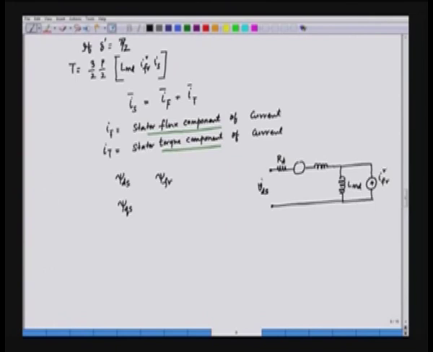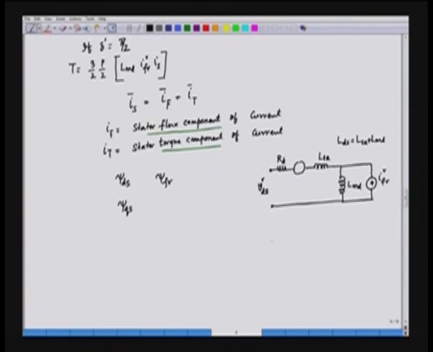All the variables here are in the rotor reference frame, and we denote them by a superscript R. This is the leakage LLA, and the d axis inductance that we usually refer to is LDS, that is the sum of the leakage inductance plus the d axis magnetizing inductance, that is LMD.